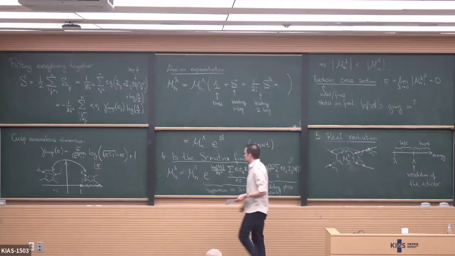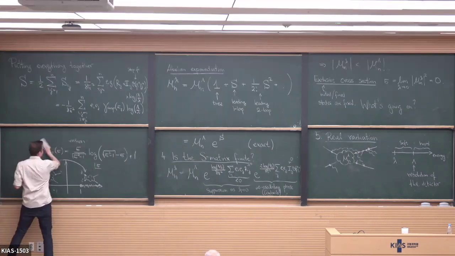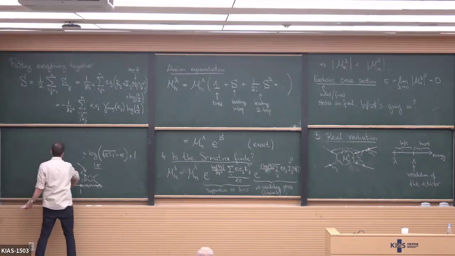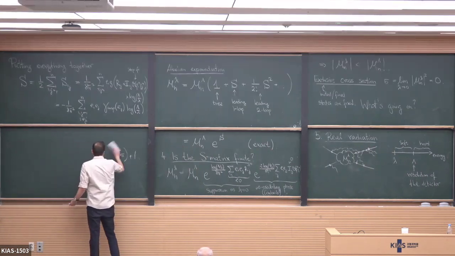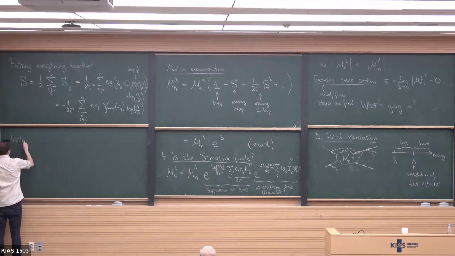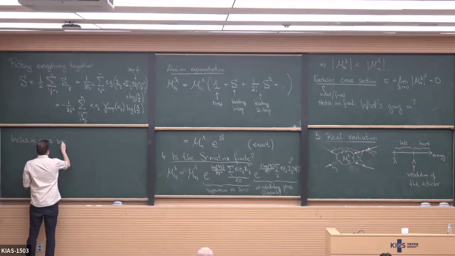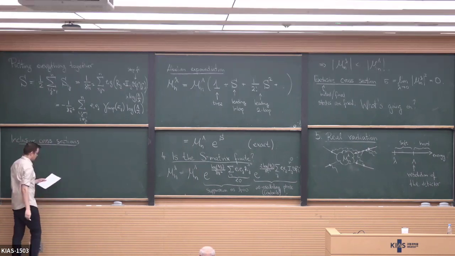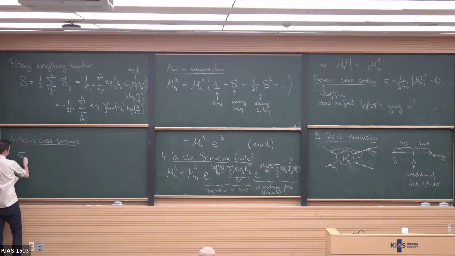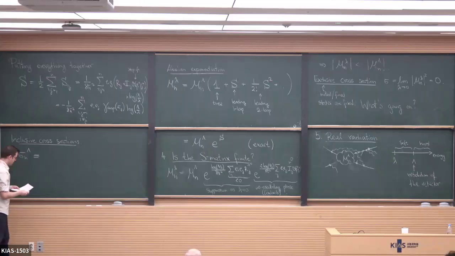And this leads me to the notion of inclusive cross-sections. Let me define what I mean by it. We're going to have some new cross-section with some cutoff lambda. This lambda is going to be the resolution of the detector.